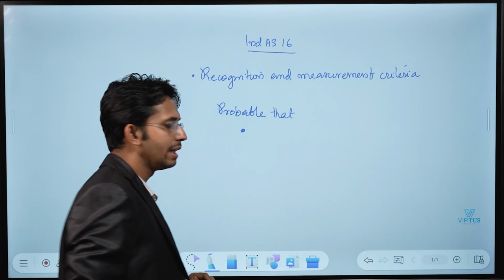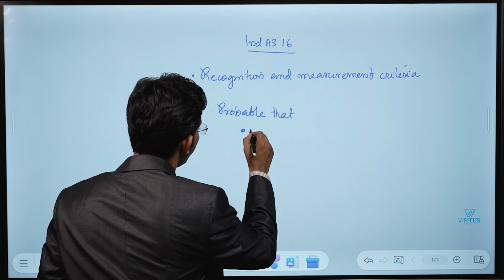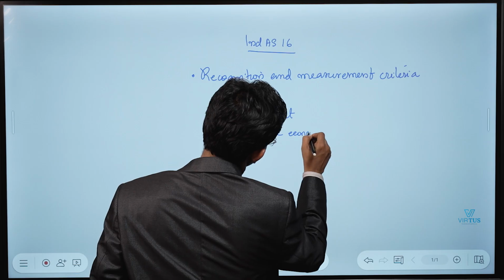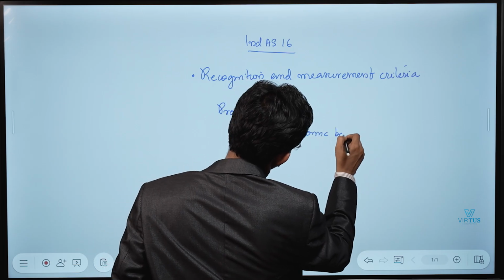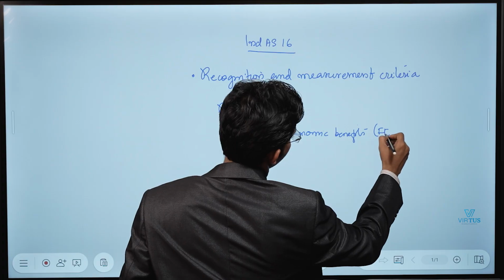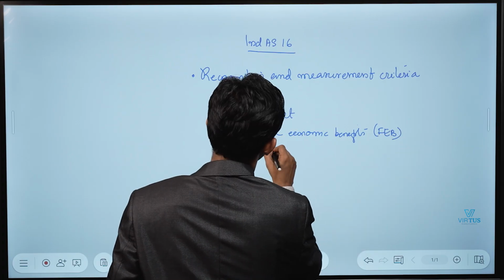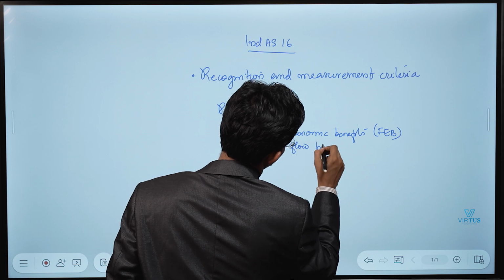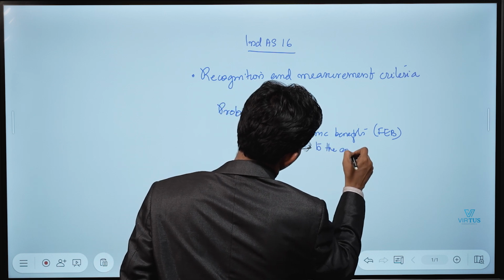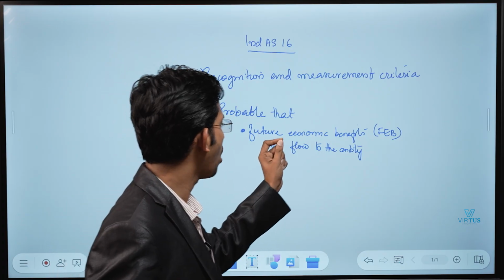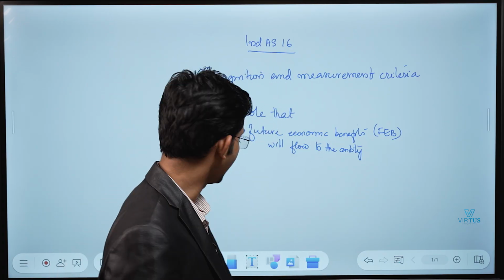One, when it is probable that future economic benefits, we call it FEB, will flow to the entity.